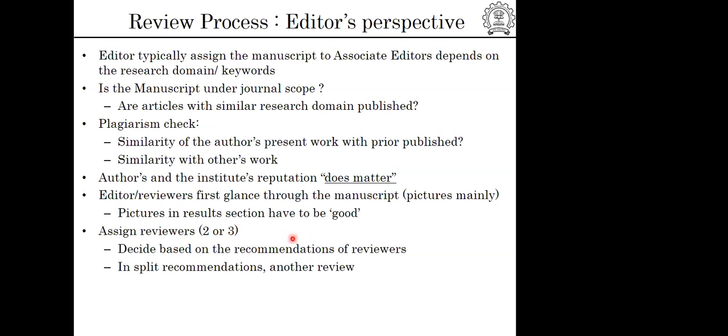Now let me tell you one practical fact, which is a very common thing. Authors' and institutions' reputation does matter. Whenever a new manuscript comes in to a journal, no matter how we try to claim otherwise, the reputation of the institutions and authors both matter a lot.